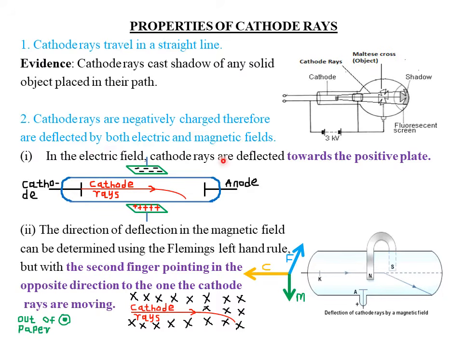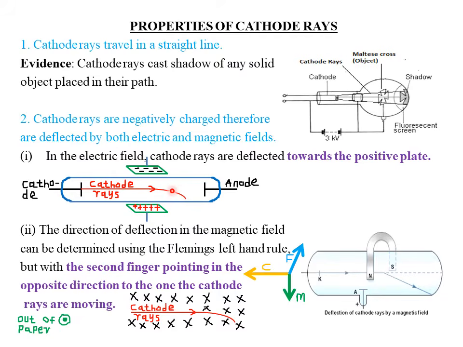In the electric field, the cathode rays are deflected towards the positive plate. The reason is that the positive plate is positively charged, and unlike charges always attract each other. So we have cathode rays here, which are negatively charged. This is the cathode terminal, where the cathode rays are being produced.